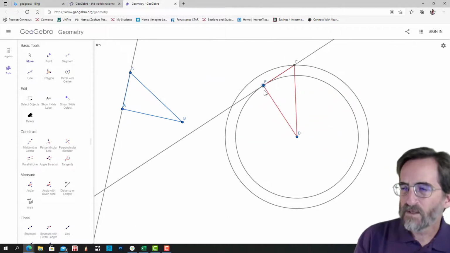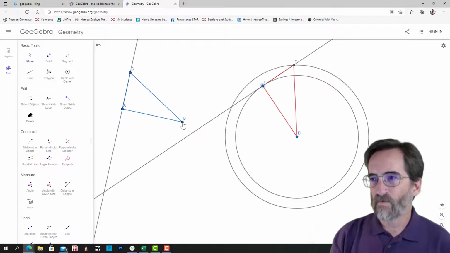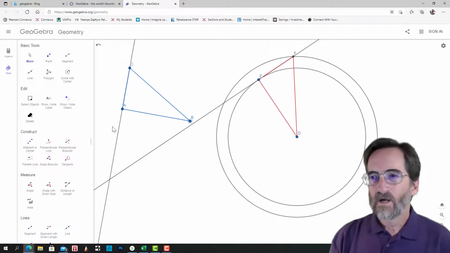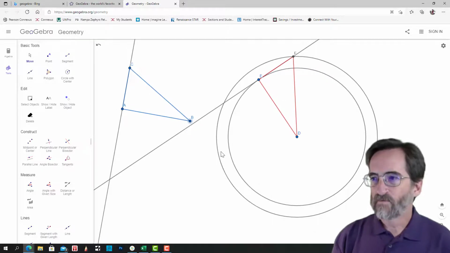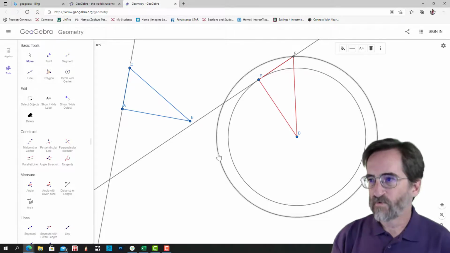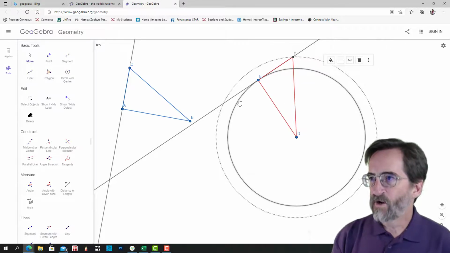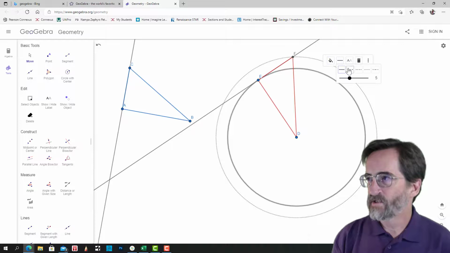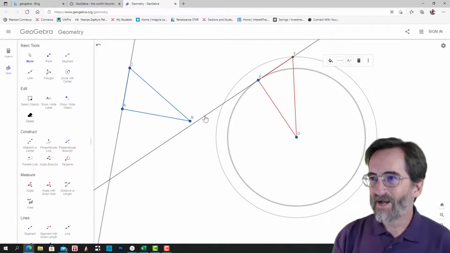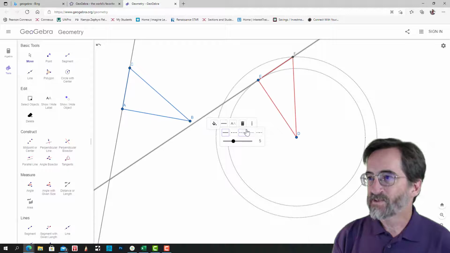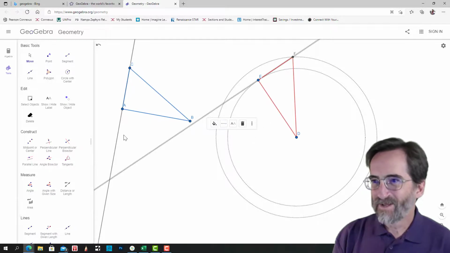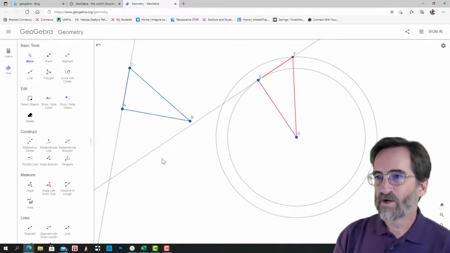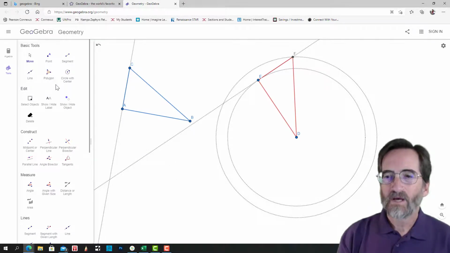But let's verify, and we verify by measuring. One more change before I go. I'm going to turn all of these into dotted construction marks so we can emphasize the triangles. Dotted here. Good. So that the triangles stand out more. All right. And let's do some measuring.